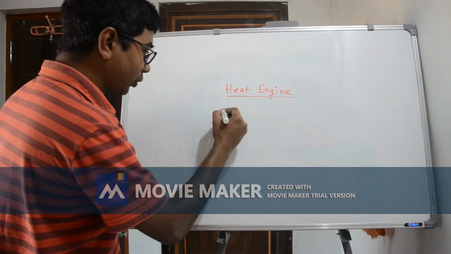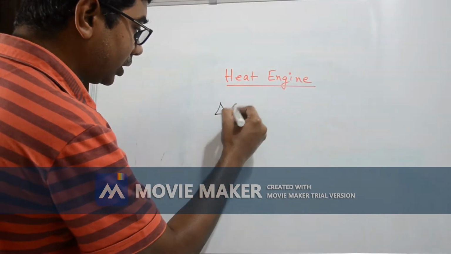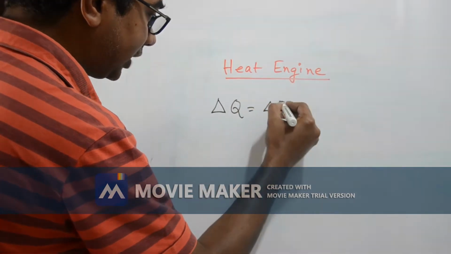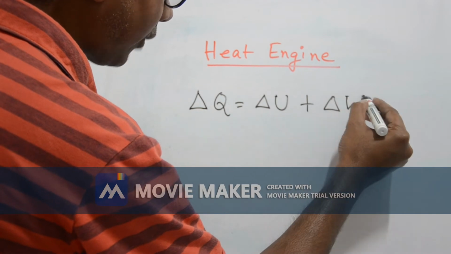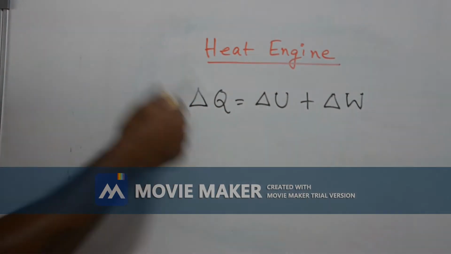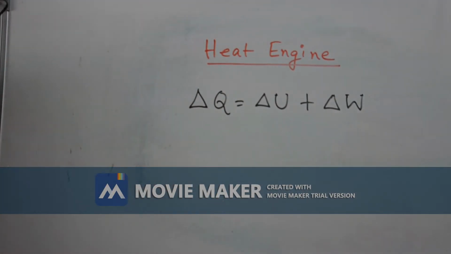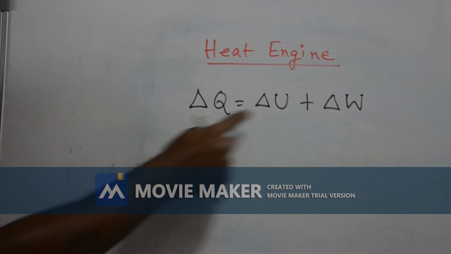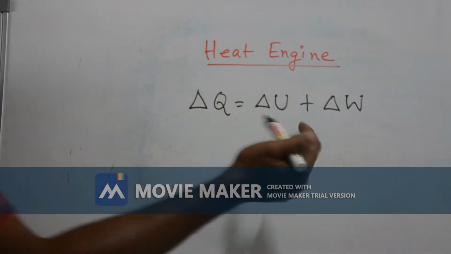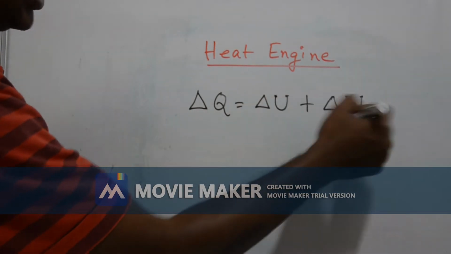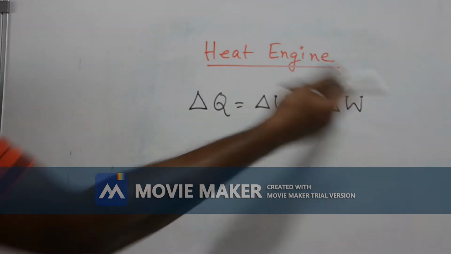In mathematical form, we write it as delta Q equals delta U plus delta W. Here delta Q is the heat transfer amount, delta U is the net change in the internal energy of the system, and delta W is the work done on or by the system.